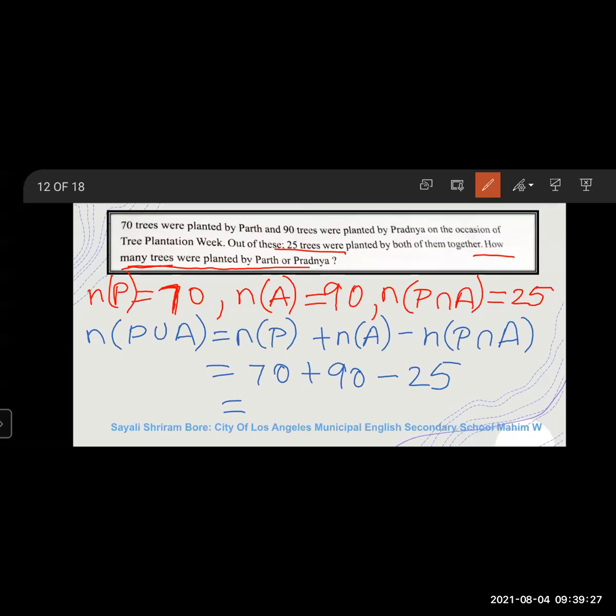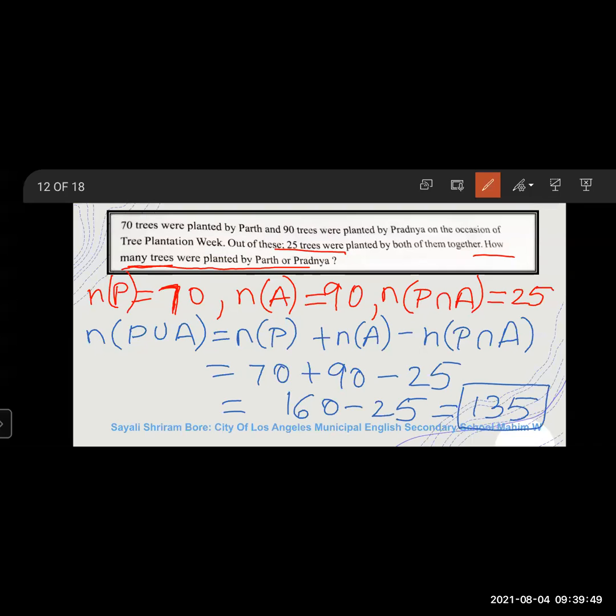This is 160 minus 25, which gives you 135. So 135 is the number of trees planted by either Parth or Pradnya.